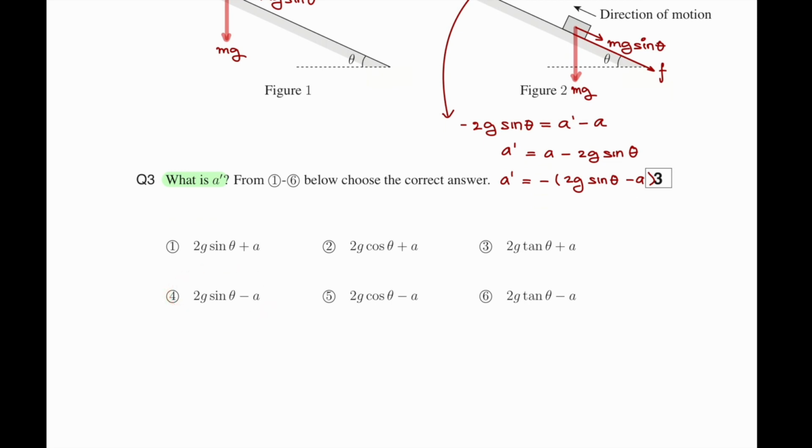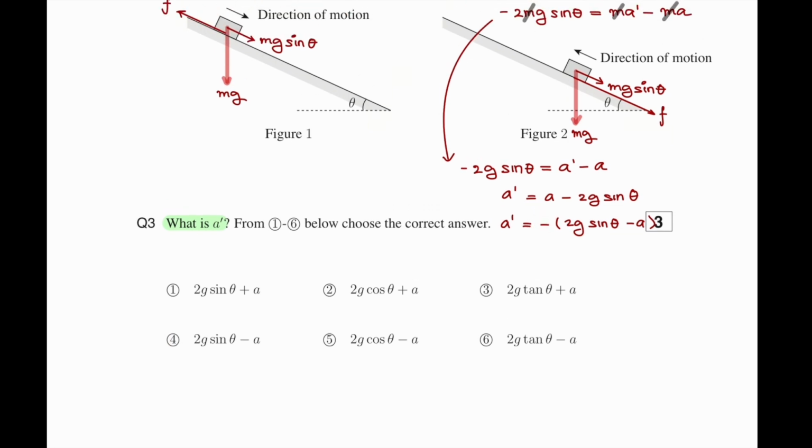Remember, acceleration is a vector quantity. So if I want to find the magnitude, we can factorize the negative sign, and then we get 2g sin theta minus a. This is the magnitude of the acceleration. The negative sign here represents the direction.